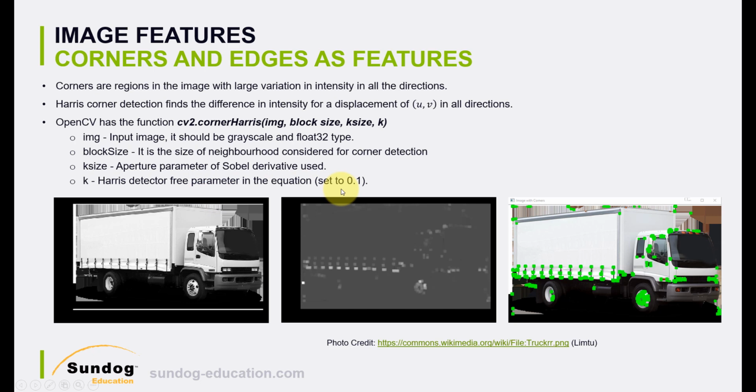The Harris corner detection uses an equation, and in this equation there is a k parameter, called the Harris detector parameter. Again, I'm not going to go into the equations and implementation, but if you set it to 0.1, that is the default value that can be used, and we'll be able to successfully detect most of the corners in our images.